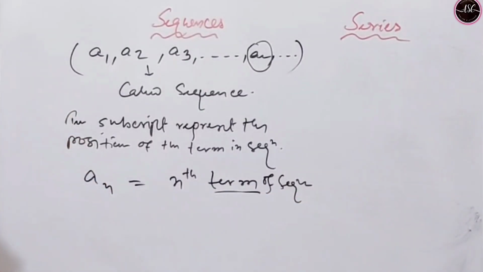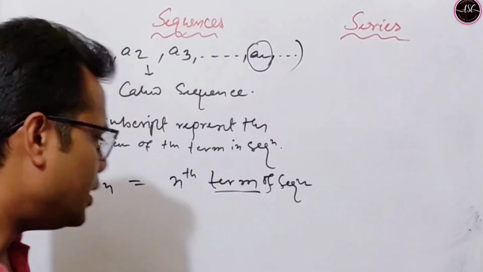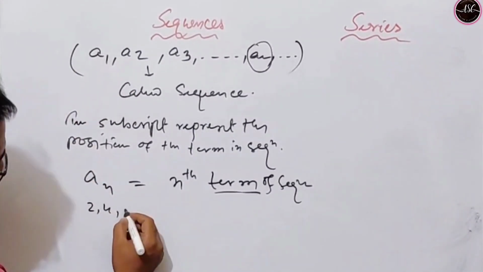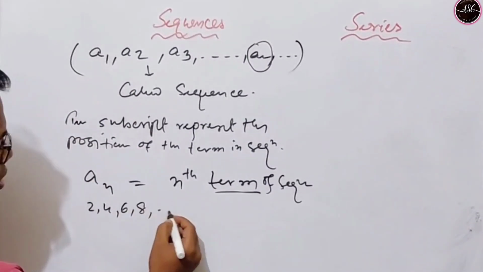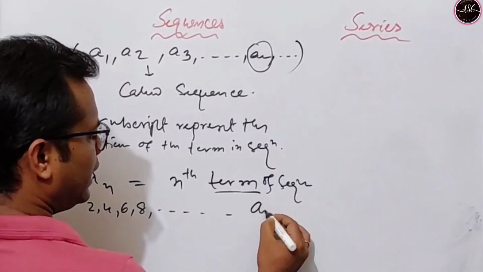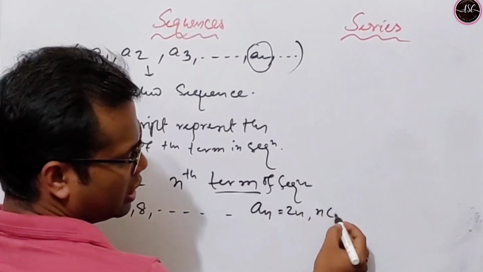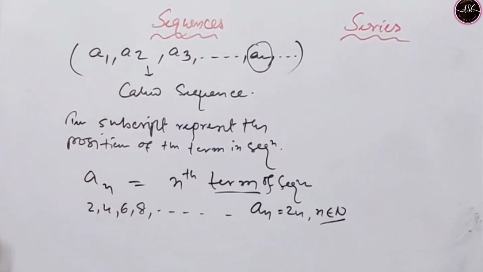Okay, suppose we have a sequence of even natural numbers, that means 2, 4, 6, 8 up to infinity. Then the nth term of this sequence is equal to 2n, where n belongs to N, that means n is a natural number.